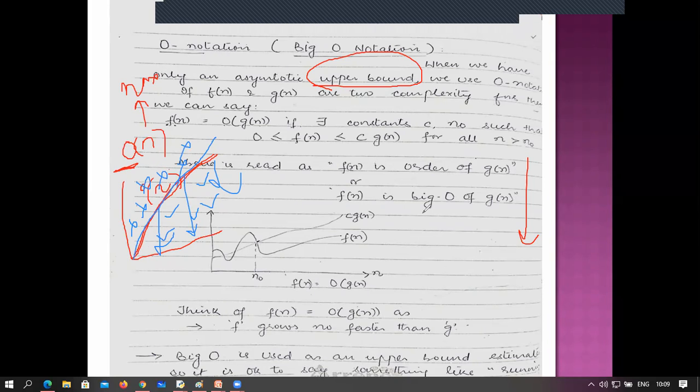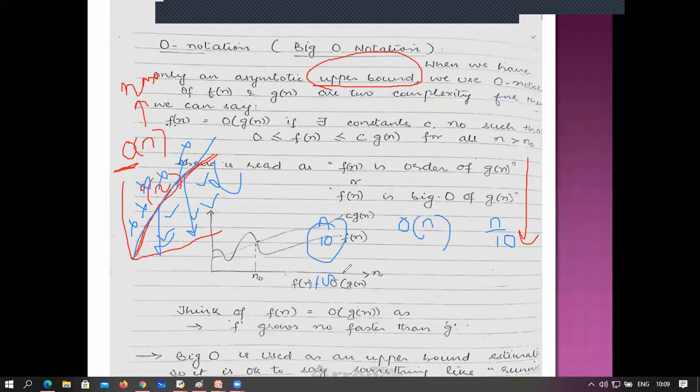Now, what's the difference between big O of n and n? Suppose n is 10. If you tell me the complexity is just n, that means if n is 10, your algorithm performs 10 operations.